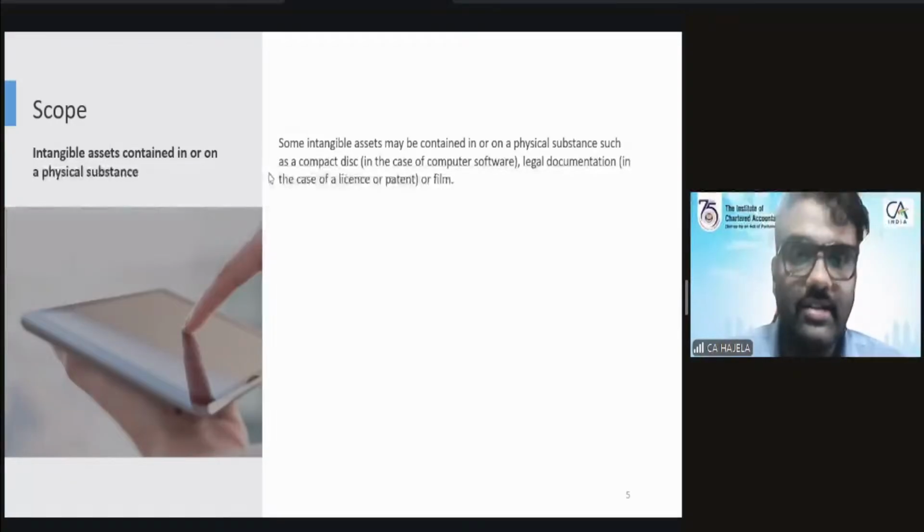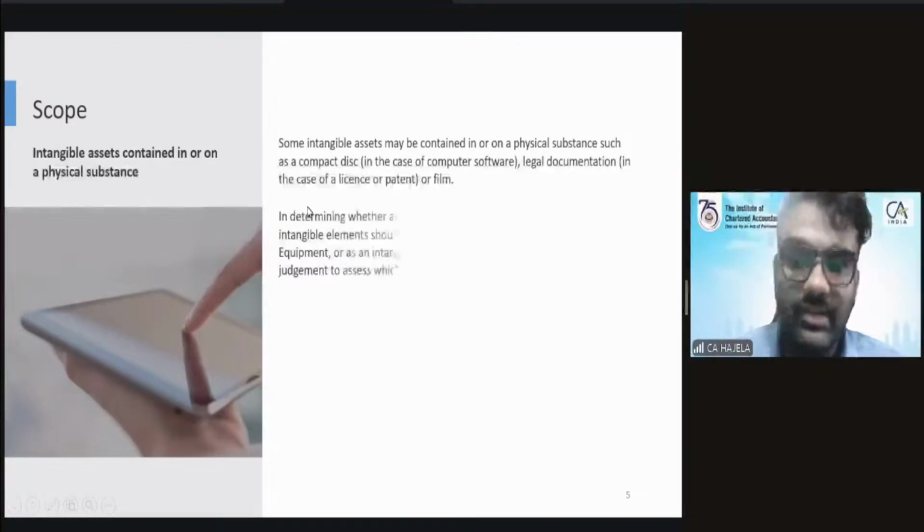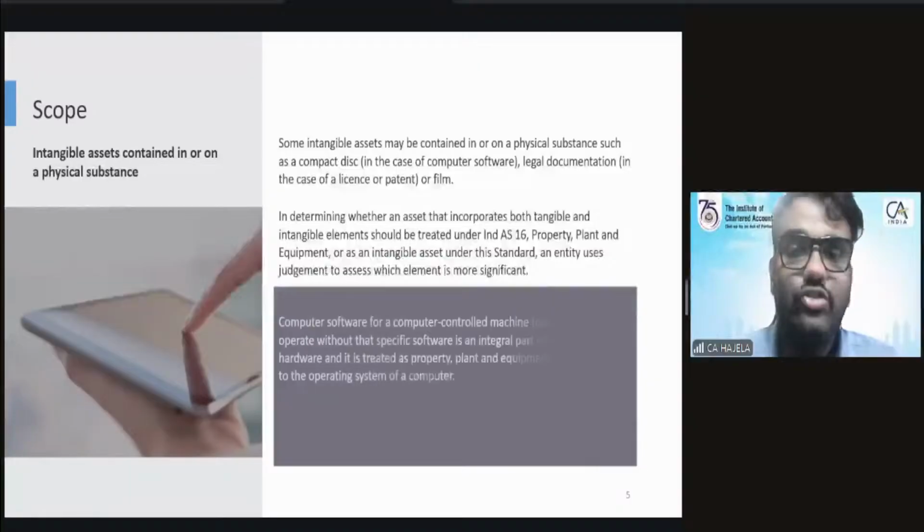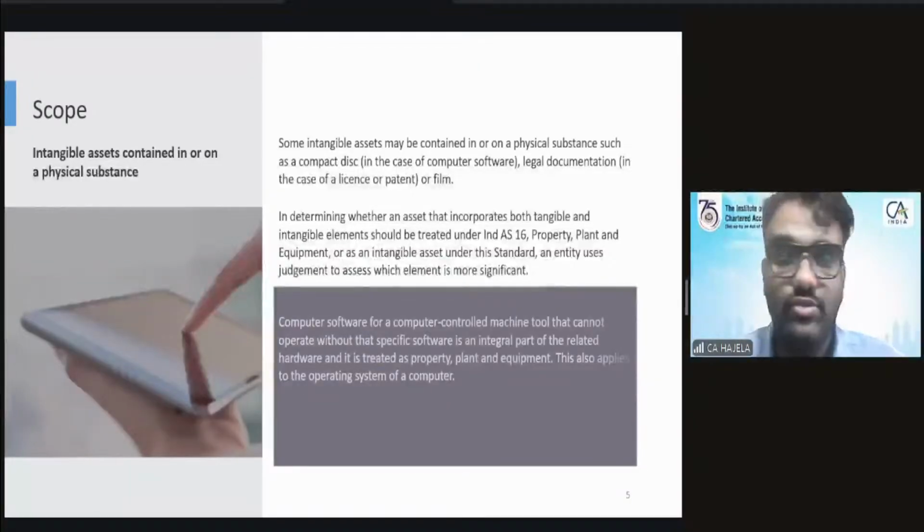That is how these decisions are made. In determining whether an asset that incorporates both tangible and intangible elements should be treated under Ind AS 16, property, plant or equipment, or as an intangible asset, an entity uses judgment to assess which part is more significant.